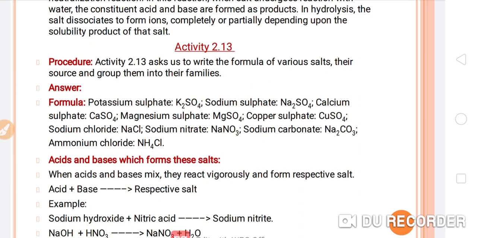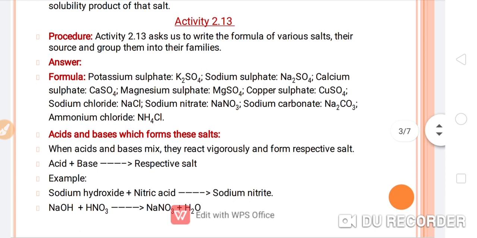So let's see what will be the answer. Our first formula: potassium sulfate, sodium sulfate, calcium sulfate, magnesium sulfate, copper sulfate, sodium chloride, sodium nitrate, sodium carbonate, ammonium chloride. So these all are the salts and their formulas.